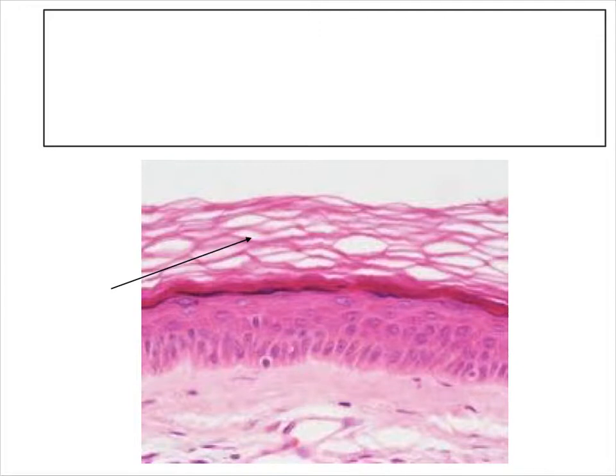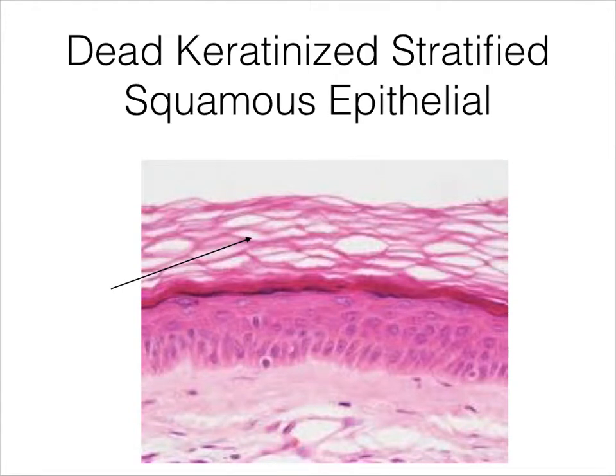Okay, so this is dead keratinized stratified squamous epithelial. We're talking about up here where the arrow is pointing. You can sort of tell from the context that this looks like skin. You have dense regular connective tissue down here. You have living epithelial tissue up here.